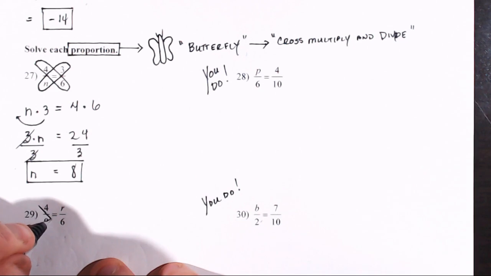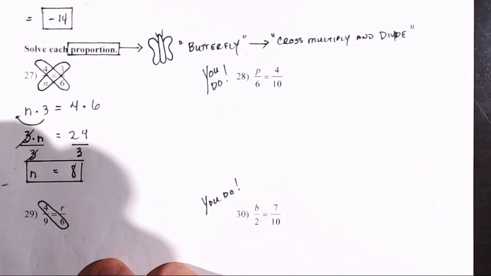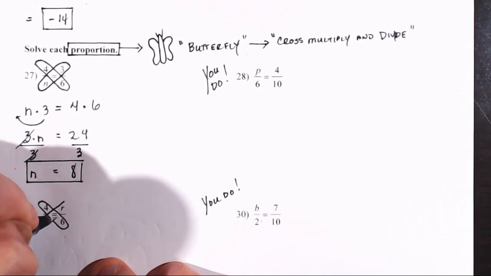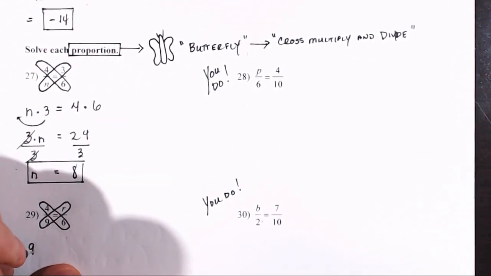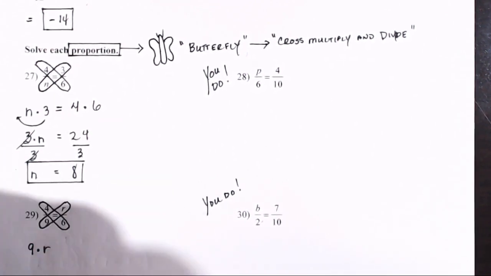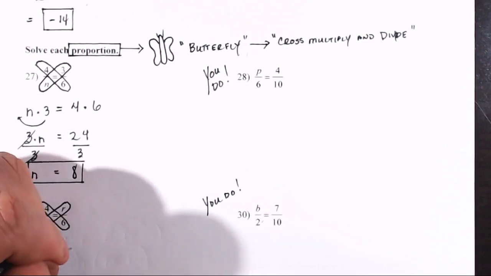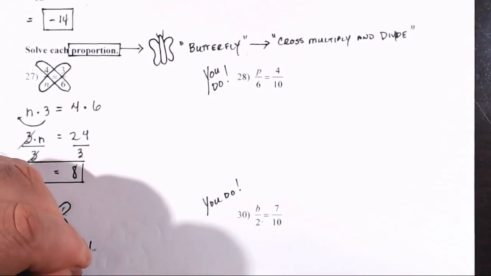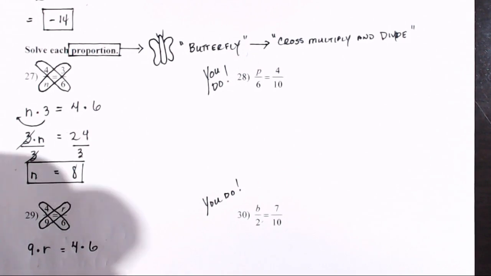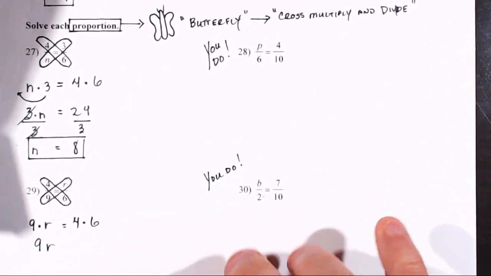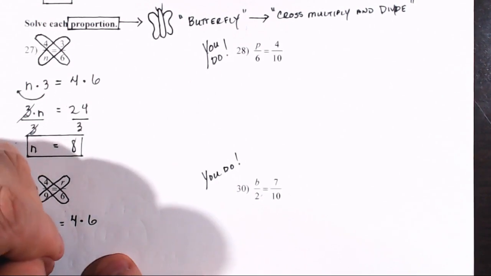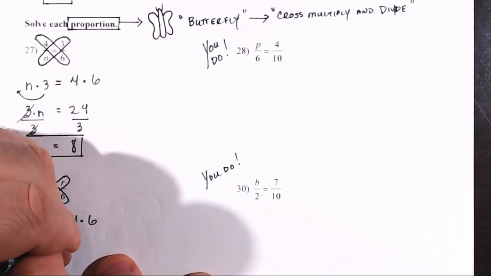Well, if I do my butterfly diagram here, cross multiply and divide, I've got 9 times r equals 4 times 6. Okay, so that's 9r. Remember, the multiplication is understood, equals 4 times 6, which is 24.